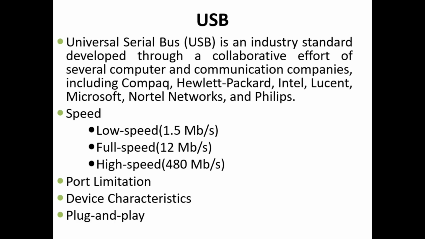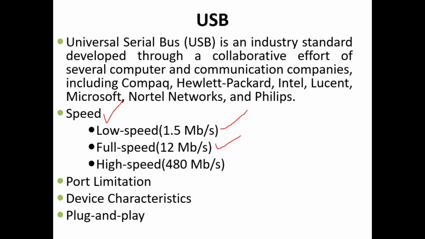The USB works in two different modes or speeds of data transfer. To connect the I/O devices which work at a slow speed, USB has a low speed mode of 1.5 megabits per second. And one more mode is a full speed mode where USB transfers data at 12 megabits per second, which is used for high speed I/O devices.